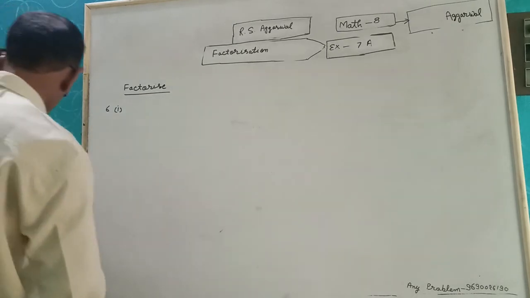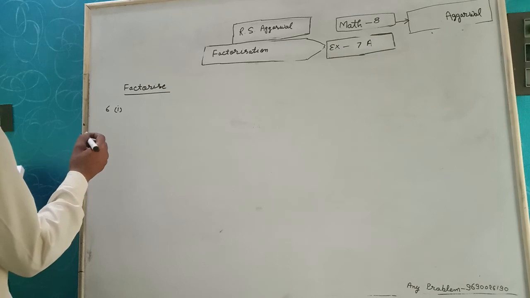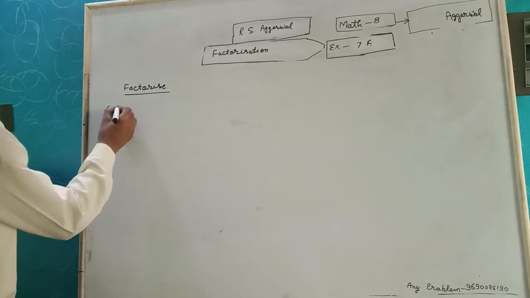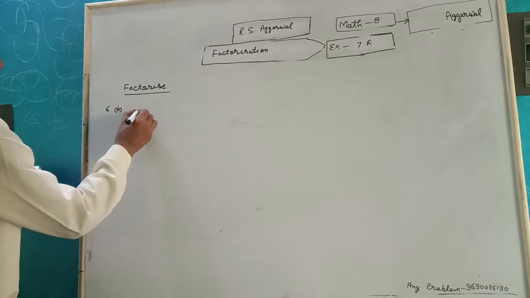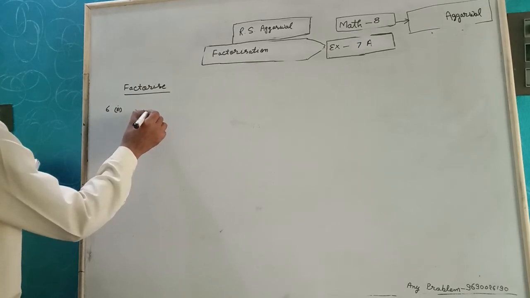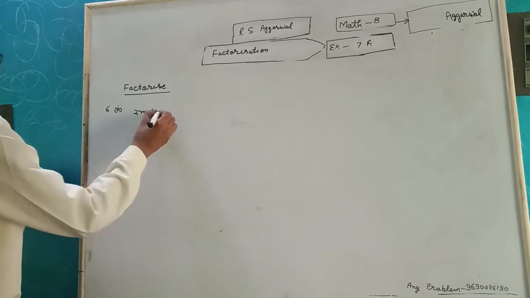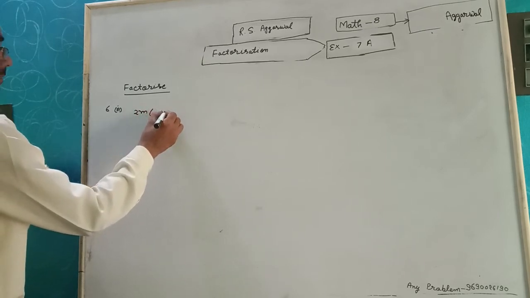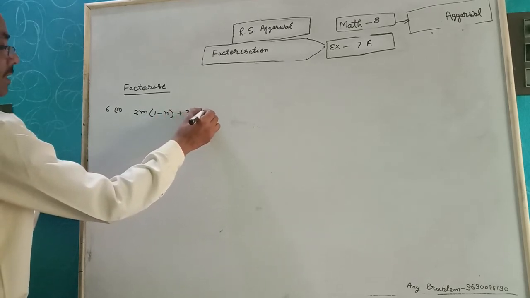Sixth question, third part: 2m bracket 1 minus n plus 3 bracket 1 minus n.